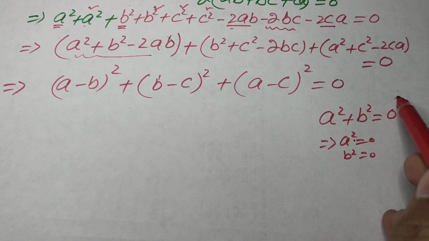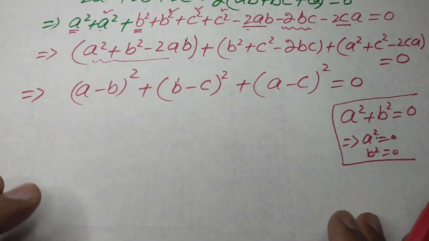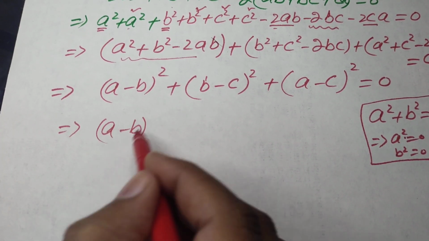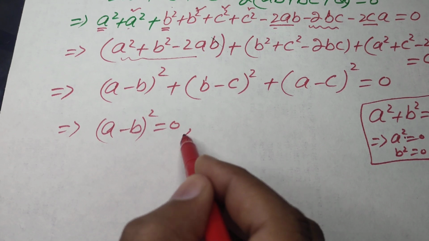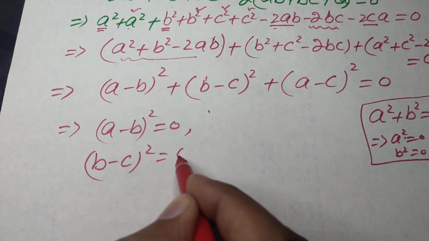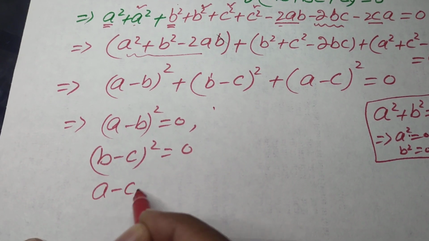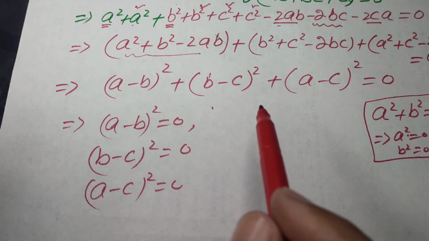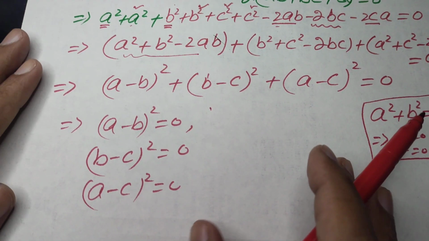I can use this fact here, and I will obtain that a minus b whole square is equal to 0, and b minus c whole square is equal to 0, as well as a minus c whole square is equal to 0. These all terms we can take separately equal to 0.